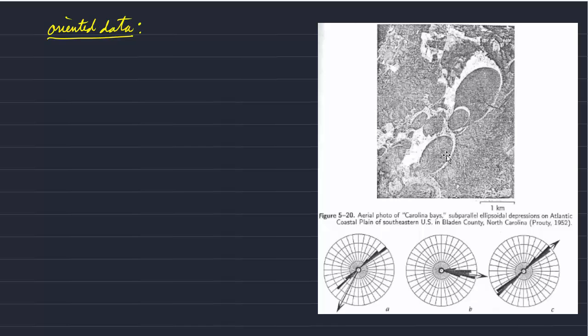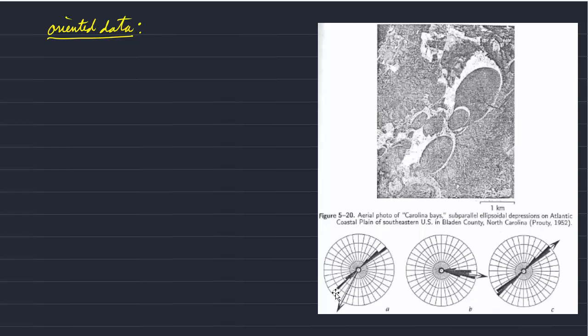And there were numerous studies that looked at the orientations of the long axis of these ellipsoids. And the lower diagram here shows the polar histograms of those azimuths. And you can see that some of the measurements are defined as, what is that, about 50 degrees from north or so. But some of the measurements are also defined at 180 degrees plus that, so 230 degrees.